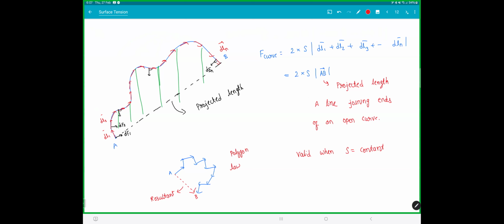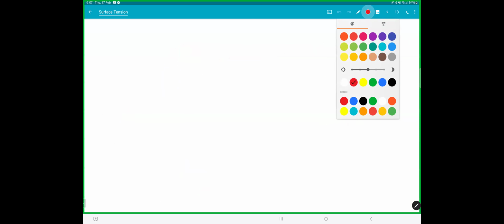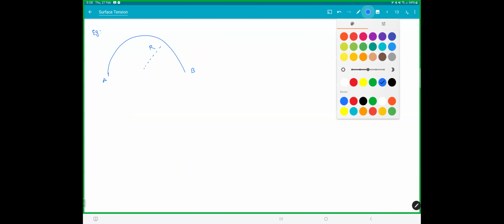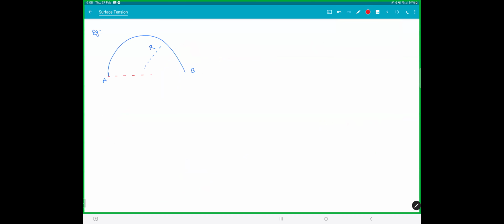So if I take a few more examples, if you have a semicircle, this is the projected length. The force will be two surfaces into S into 2R.